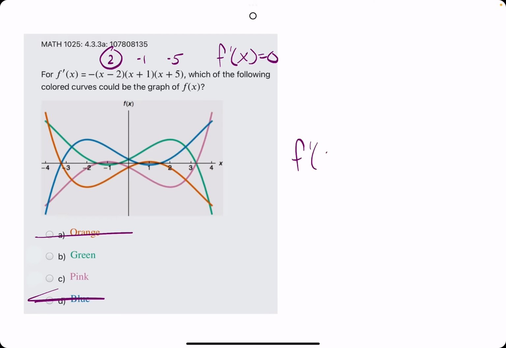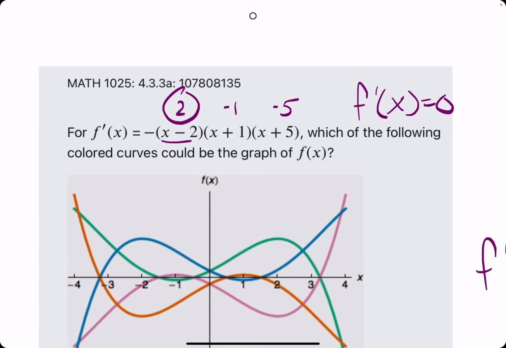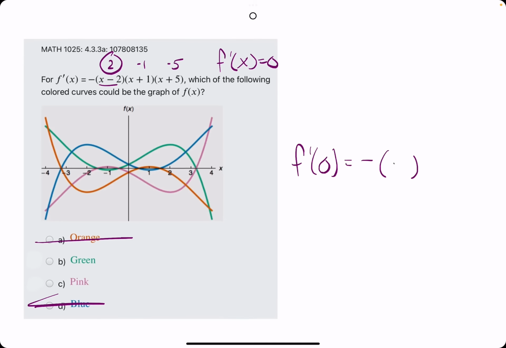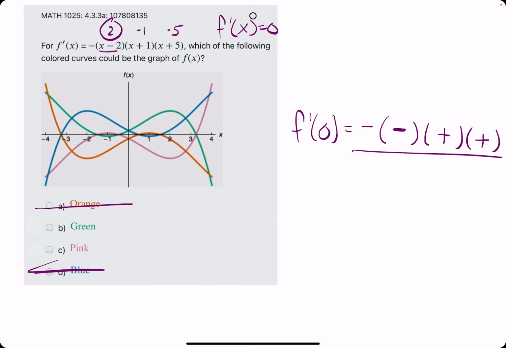So f prime at 0, we have a negative, and for the rest of these, we really don't need the numerical values. We can just say, like in the first parentheses, 0 minus 2 gives us a negative, and then 0 plus 1, positive, and then 0 plus 5, positive. So, again, double negatives equals a positive.